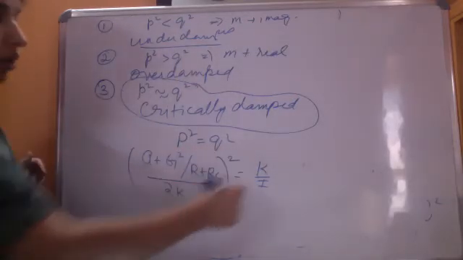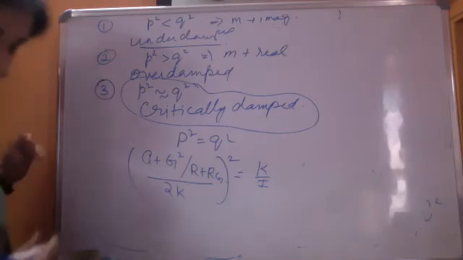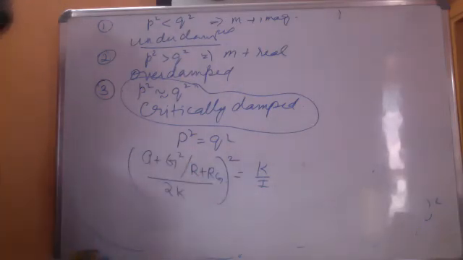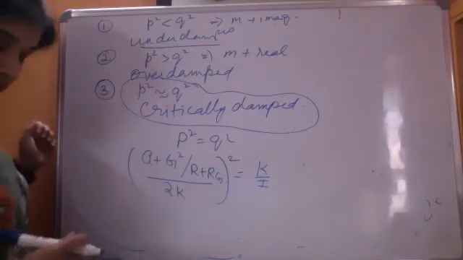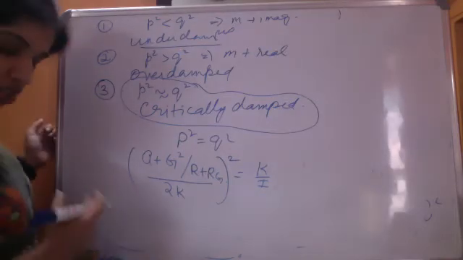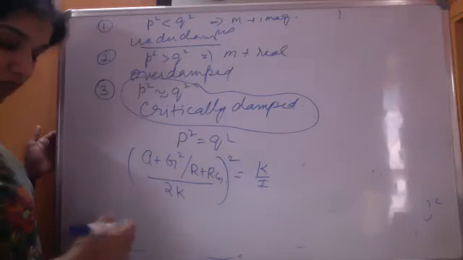Okay, so P square equal to Q square gives me (A plus G square by R plus RG) equal to this. I can reduce this equation with some mathematical manipulation, nothing else.